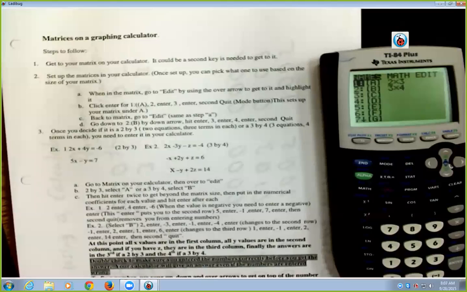And that one we wanted to be a 2, enter, 3, enter. Then we're going to go second, quit. Second matrix. And then you can go down here. Okay, but you got to go over across to edit. Okay, then go down to B. And then hit enter. And we're going to make that one a 3, enter, 4. Thank you. You're welcome.